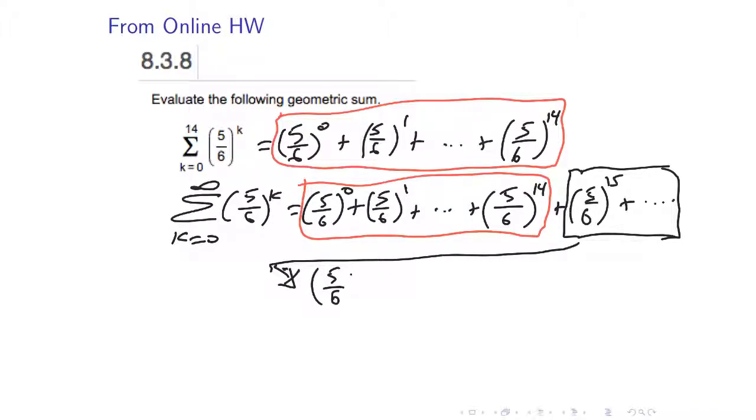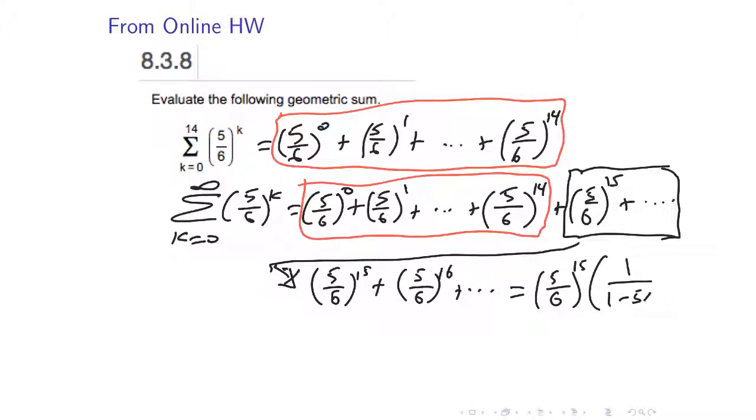It's 5/6 to the 15th plus 5/6 to the 16th, and so on forever. That is a geometric series whose first term is 5/6 to the 15th and whose common ratio is 5/6. So the stuff that's in the black box here adds up to exactly this amount.